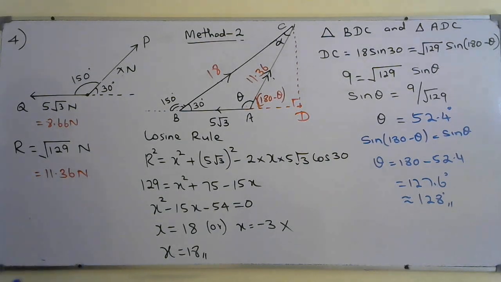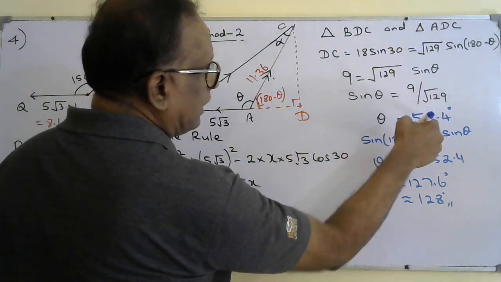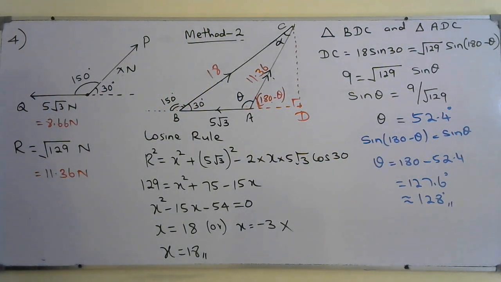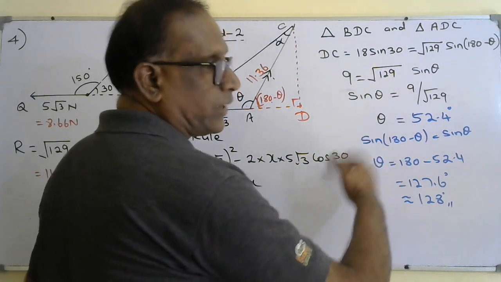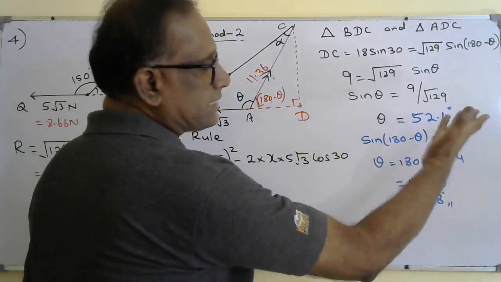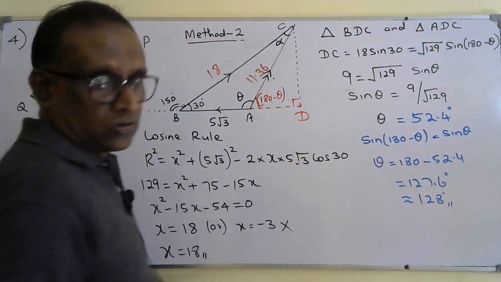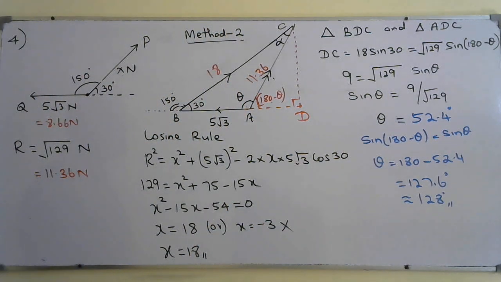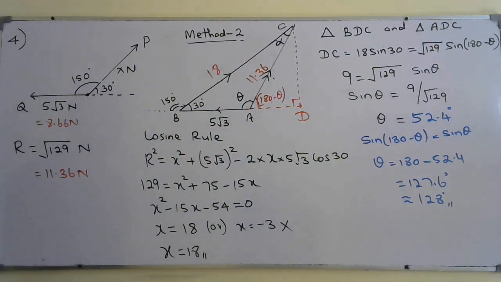So if this is 128, this is 52, the acute angle, that is 52.4. I don't think it will confuse you. It's simple because in trigonometry, in the second quadrant sine is positive, so whether 180 minus theta or theta, you get the same value. When you put it in the calculator with sine inverse, it always gives the answer for the acute angle. But we know it's not an acute angle, it's an obtuse angle. We have the reason.